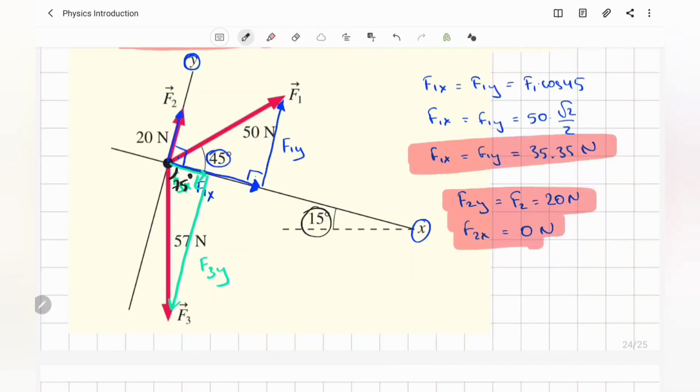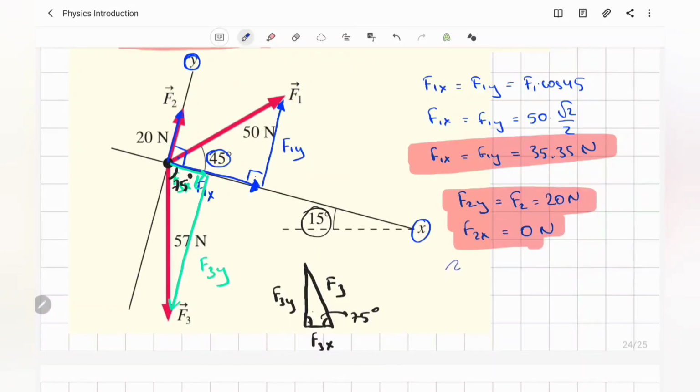So again we have a right triangle. In order to see it better, let me draw it in a different way. Let me rotate this right triangle. This part is F3, F3x, F3y, and this angle is 75 degrees. Yes? Now we can continue.